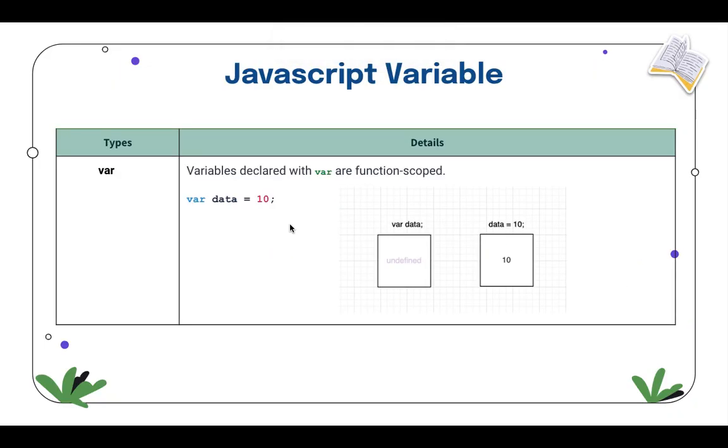So, JavaScript variable, as we saw. Before variable, I wanted to discuss: if you have a chocolate in your hand, you will see the chocolate is in a wrapper, right? Or the chocolate will be in a carton box.